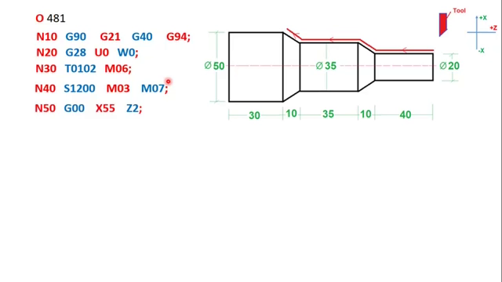And then what is the procedure? First I move rapidly to X55 Z2. So where is X55 Z2? I am moving slightly above the workpiece, and 2 millimeters towards the right side, so plus Z. So whatever block you are seeing here will be somewhere at this point.